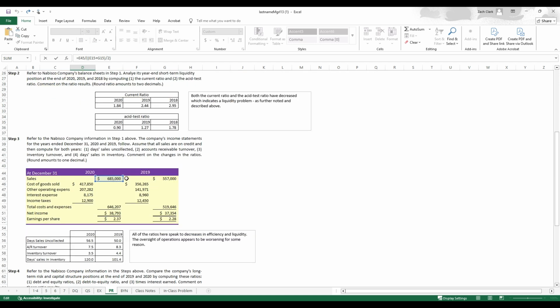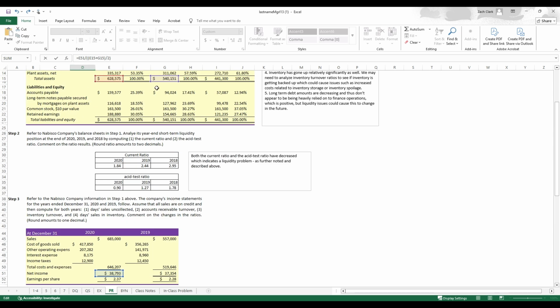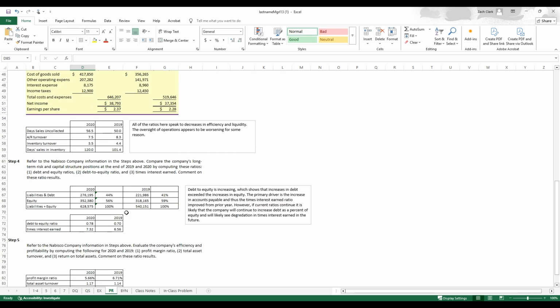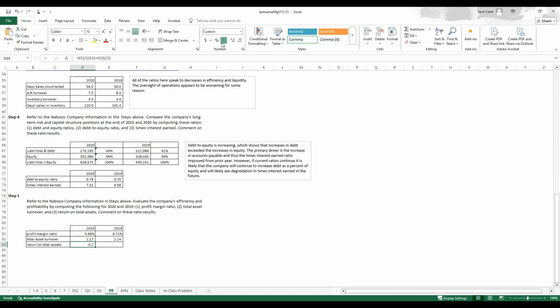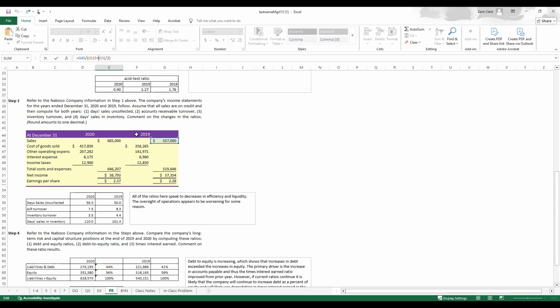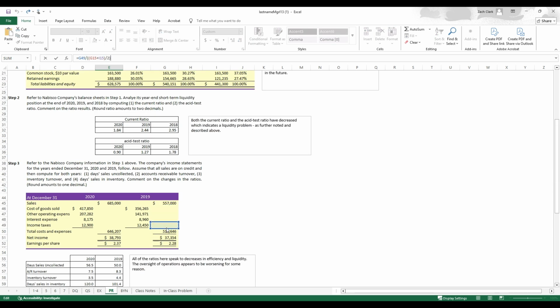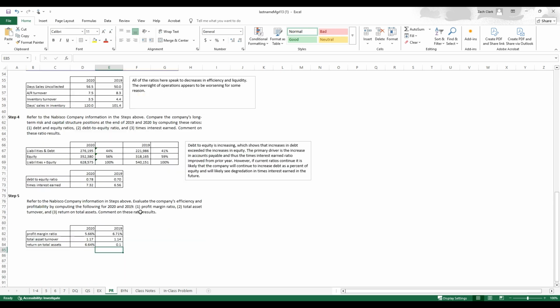So instead of taking sales for the return on total assets, we do the same denominator, but now we use net income as the numerator. And so that's just a handy way to take one formula and convert it without having to reinvent the wheel, other than just dragging this from sales to net income now.